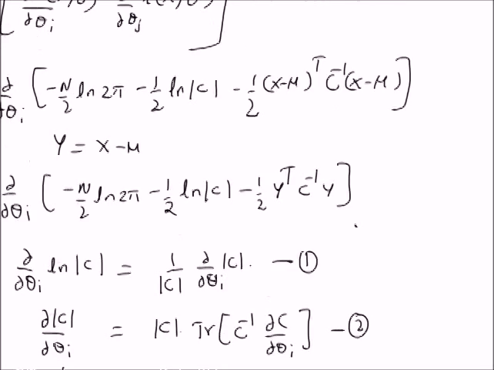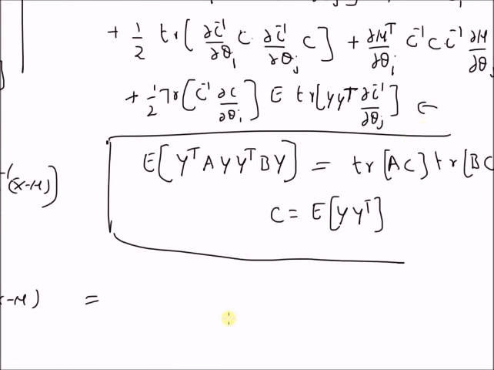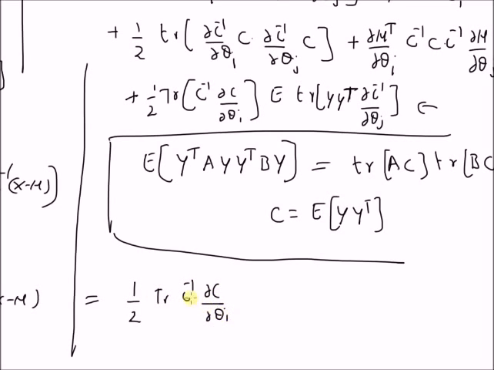So by using this formula, in this term we have, so we just write this term as the first term, we get plus 1 by 2 trace of C inverse derivative of C with respect to theta I multiplied by trace of, so expectation of y into y transpose is C, and the derivative of C inverse is minus C inverse derivative of C with respect to theta j into C inverse.